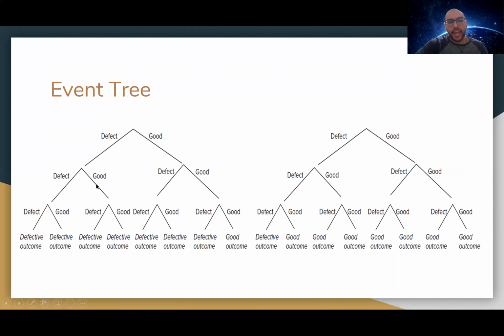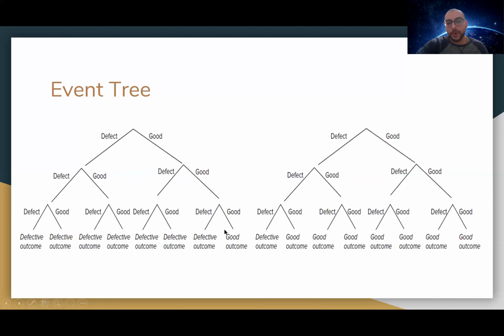And if we have a defect in the first step, but the second step has a good outcome, and the third step has a good outcome, we will also end up with a defective outcome. And the only way to have a good outcome is to not make any errors at any of the 3 steps. So the first step has to have a good outcome, as well as the second step, as well as the third step.